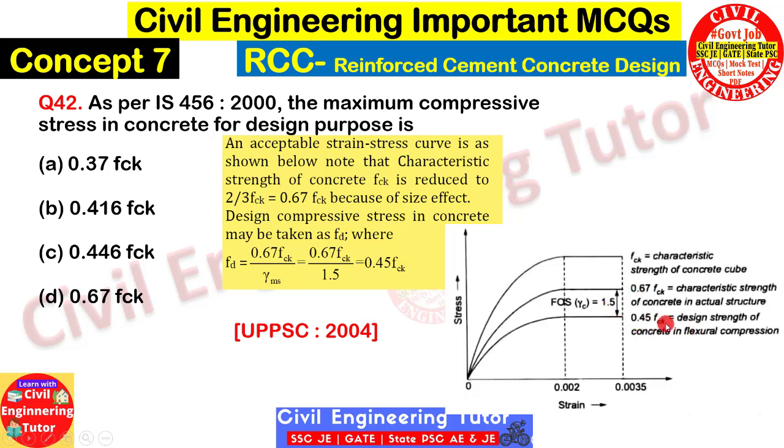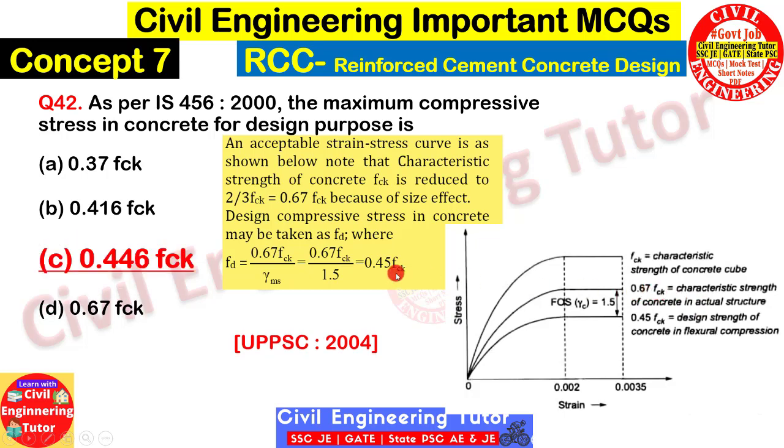So the value will be 0.45 FCK, and that will be the design strength. So here the maximum compressive stress in concrete for design purpose will be 0.446 FCK or 0.45 FCK. Now if they have asked for the maximum compressive stress in concrete in the actual structure, then it will be 0.67 FCK. So just remember this. For design purpose, we will take 0.45 FCK, but in an actual structure, this will be 0.67 FCK. So this one is the correct answer.